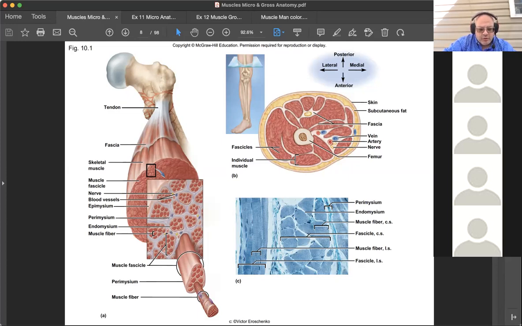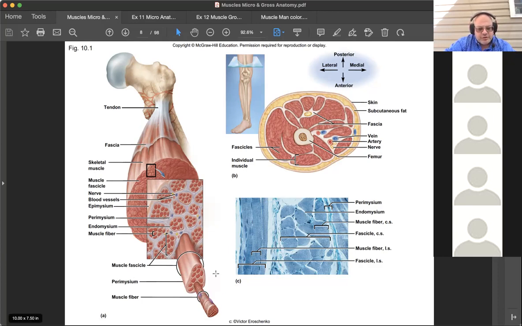Muscle fibers are grouped together in what's called a fascicle, and those fascicles are surrounded by perimysium. And the endomysium actually surrounds, you don't see it labeled there, you see endomysium labeled up here, like within a fascicle itself. So the muscle fiber is surrounded by endomysium.